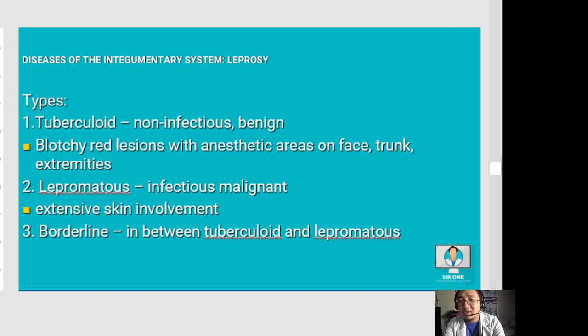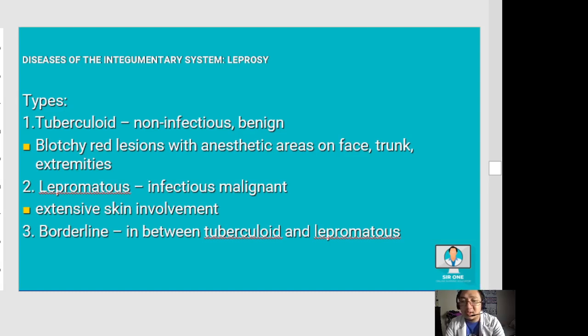Second, we have the lepromatous type. This is an infectious one, also a malignant one. This is the most serious and most infectious case based on one reference, and it damages the respiratory tract, the eyes, the testes, the nerves and the skin. It is usually negative in the lepromin test, but skin lesions contain large amounts of bacteria.